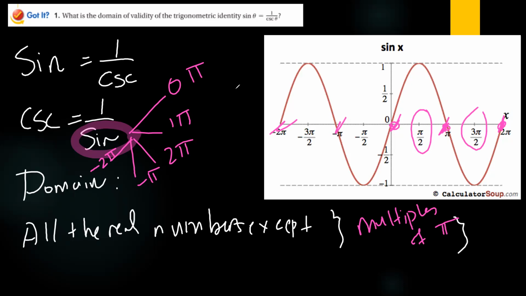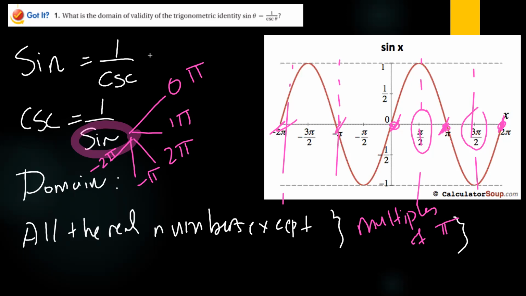Okay, so here you can draw the graph of the sine. Then you will ask yourself, where are the asymptotes? At the asymptotes will be the excluded values. So you will write that it's all real numbers except the multiples of pi.